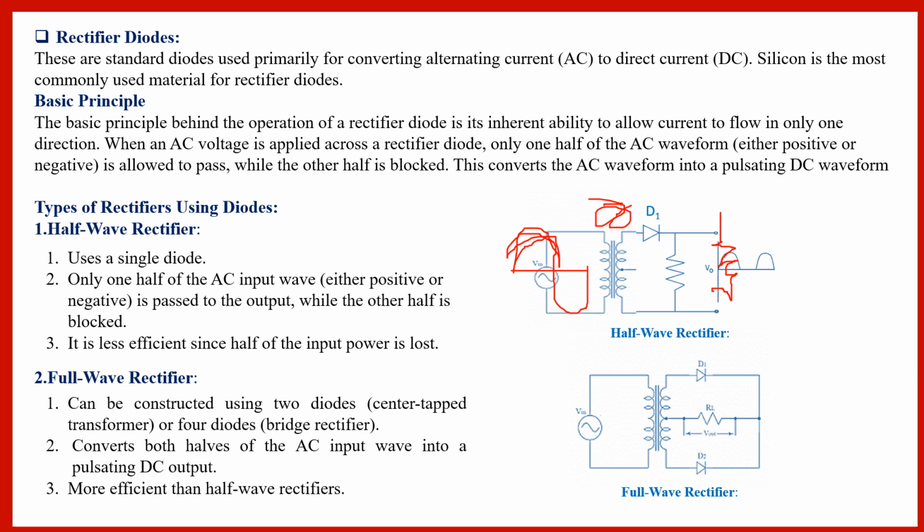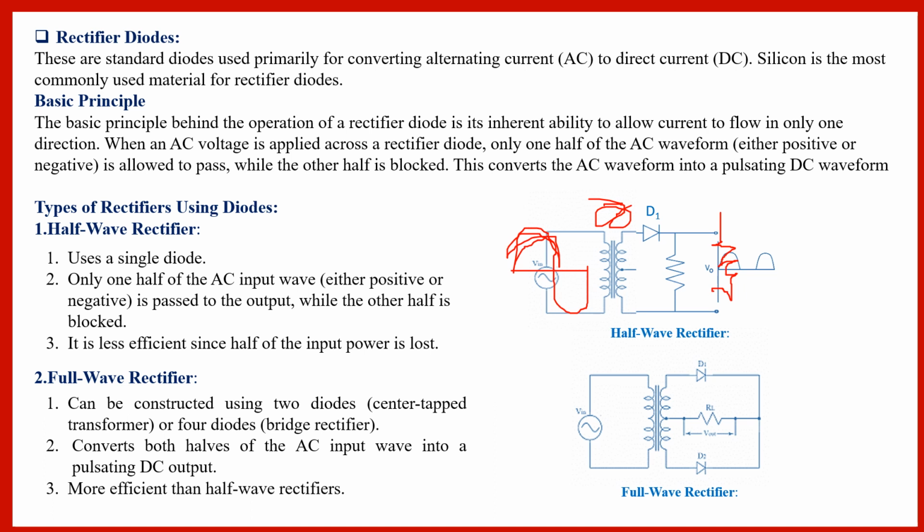So mainly this configuration that I have shown here is a center tap full wave rectifier. This circuit employs two diodes, D1 and D2, and a center tapped secondary winding is used with the two diodes connected, so that each uses one half cycle of the input AC voltage.